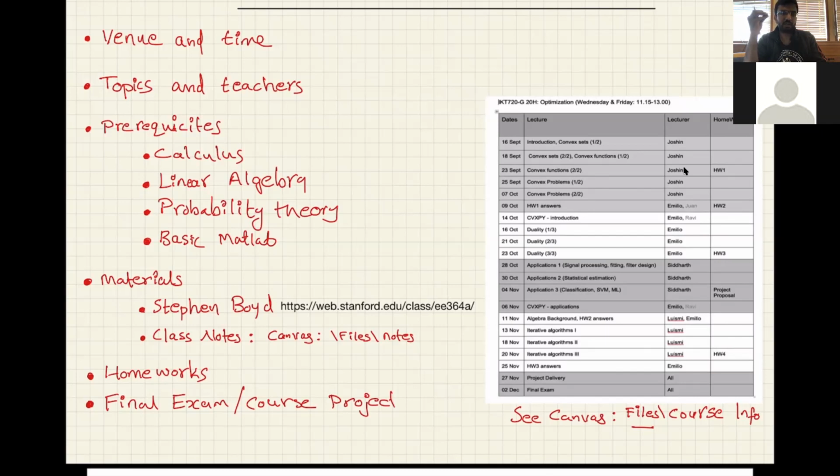We cannot cover all the fundamentals during the course, but in case something is very necessary, we will go through that very quickly. Also probability theory, like what is an expectation, what is a PDF, what is mean, variance, these kinds of concepts you are expected to know.